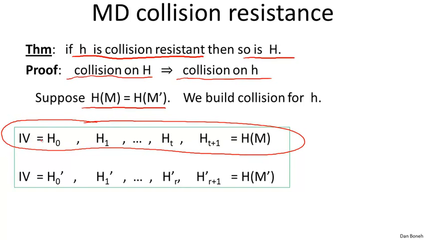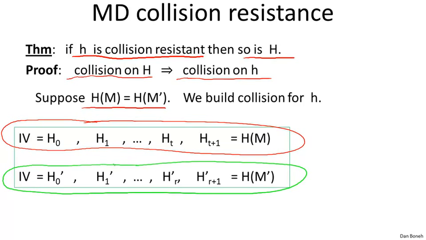H1 would be the result of hashing the first message block with the IV, and so on and so forth, until H sub t plus 1 is the final chaining variable, which is the final output of the Merkle-Damgard chain. And then similarly for m prime, let's define H0 prime to be the first chaining variable, H1 prime to be the result after compressing the first message block of m prime, and so on and so forth, up until we get to H prime of r plus 1, which is the final hash of the message m prime.